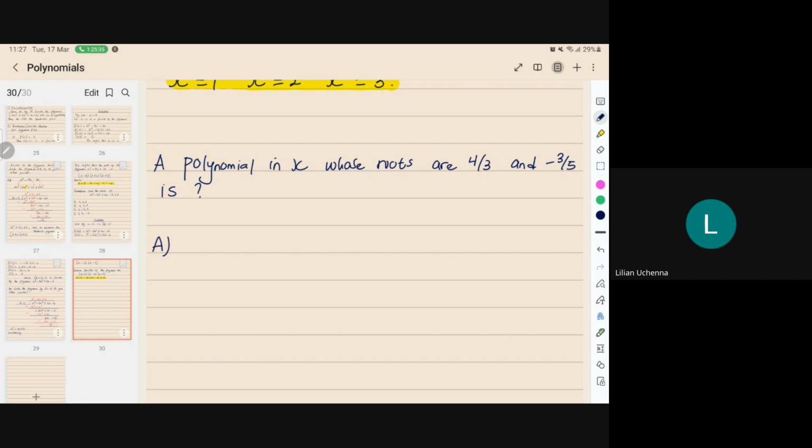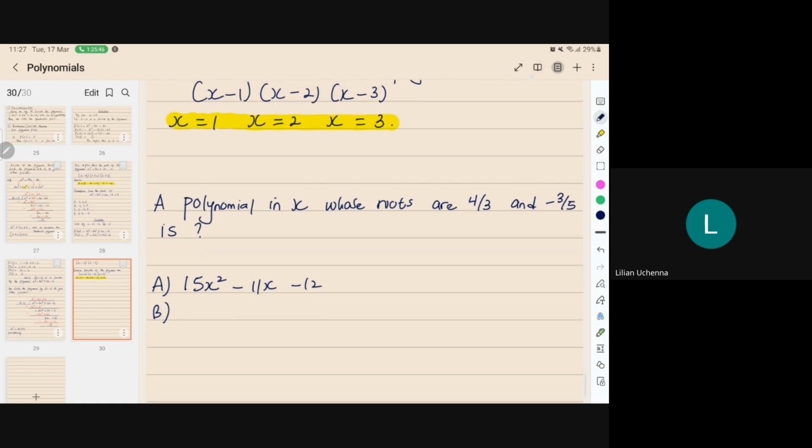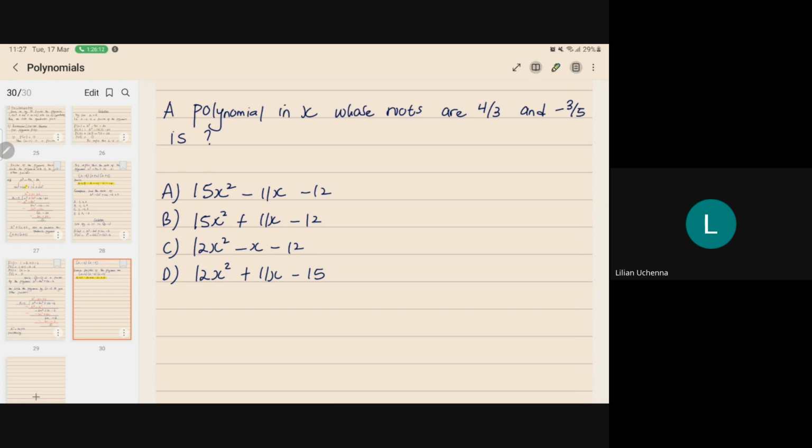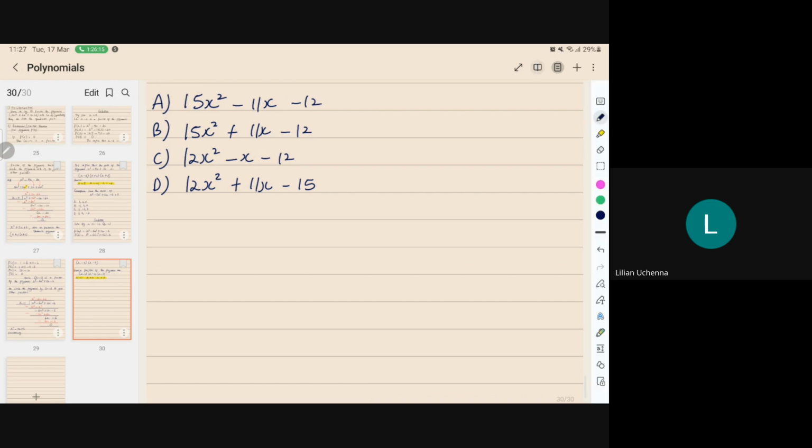The first option A is 15x squared minus 11x minus 12. B, so this is a quadratic polynomial, is 15x squared plus 11x minus 12. The third one is 12x squared minus x minus 12. The fourth one is 12x squared plus 11x minus 15. So these are the roots, 4/3 and minus 3/5. So, solution.